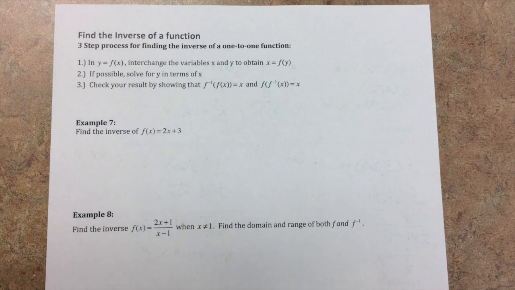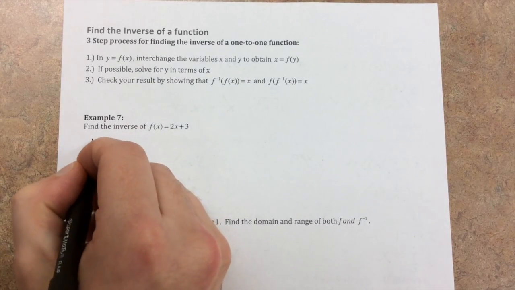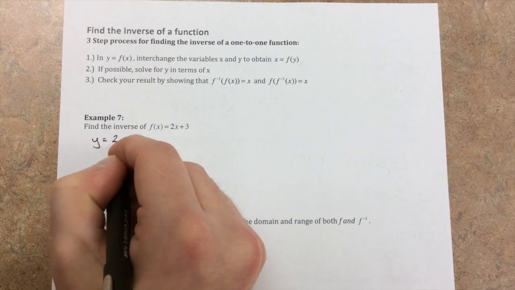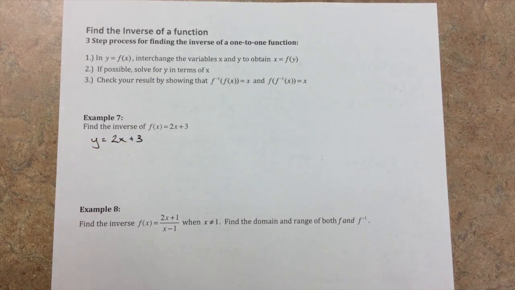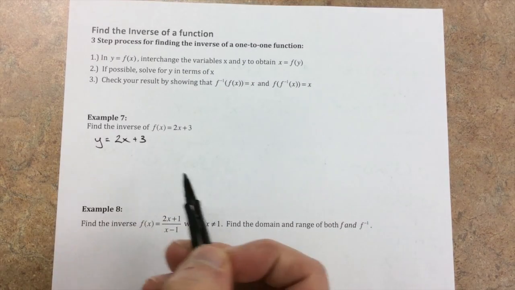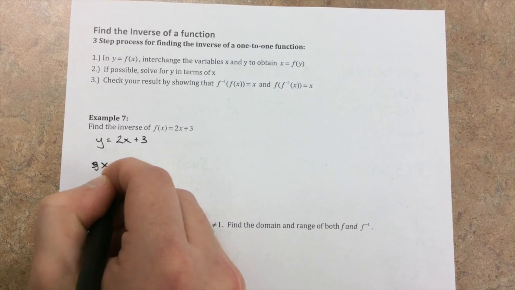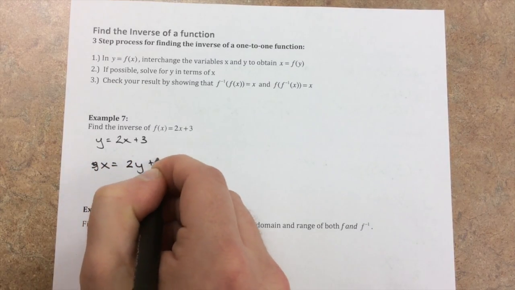So let's try this out. Find the inverse of 2x plus 3. So step 1, we're going to write it in terms of y. So that's kind of step 0, because it didn't really include that. So really step 1, switch the x's with the y's. So this is x equals 2y plus 3.